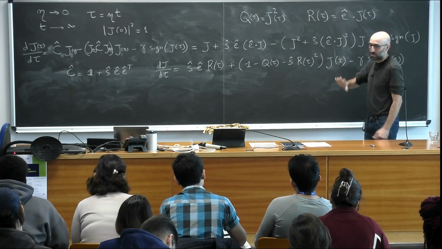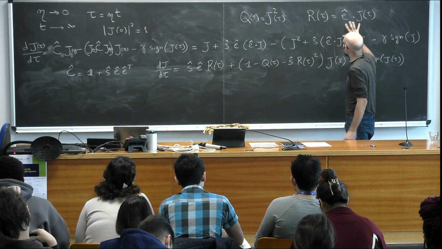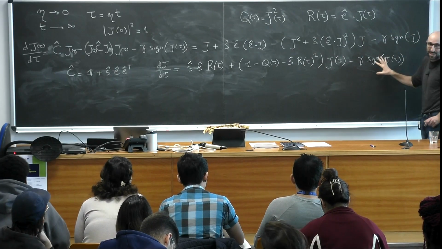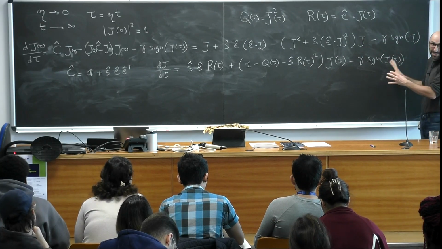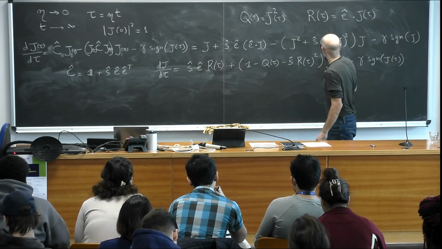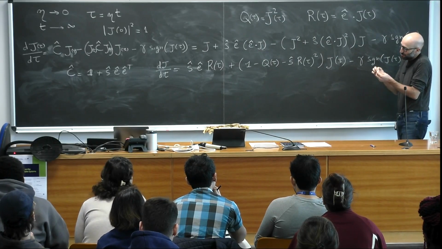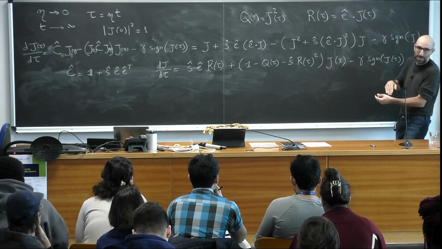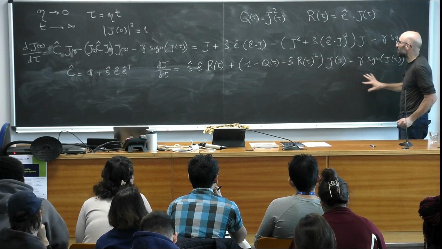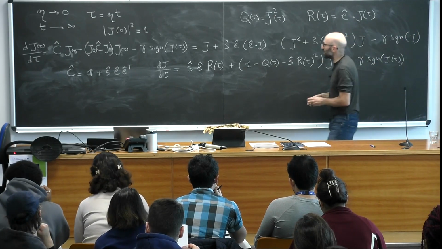If I put J equal to 0, then r is equal to 0, because r is J dot E. I can say the sign of 0 is 0, which means that if all these terms are 0, I get dJ over dt equal to minus gamma sign of J. So if I try to make J a little bit positive, this will bring it back to 0, and if I make it a little bit negative, it will also bring it back to 0. So J equal to 0 is a fixed point, with the convention that sign of 0 is 0.